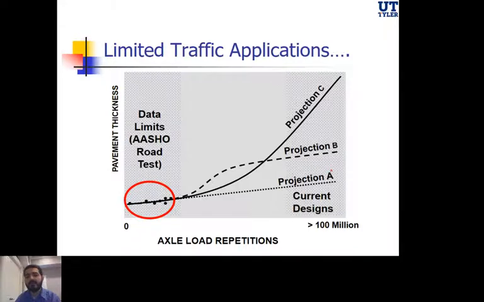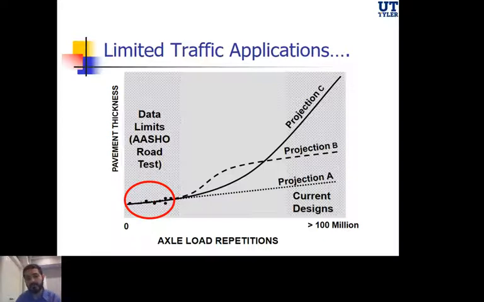However, again, looking at these simple pictures, the amount of traffic application that was done at that time was very limited. You could tell these are the amount of axle load repetitions that they applied. If you want to extrapolate this to our current traffic, the prediction can go three different ways.